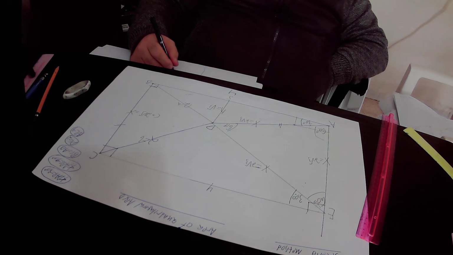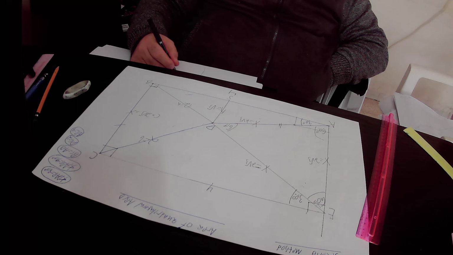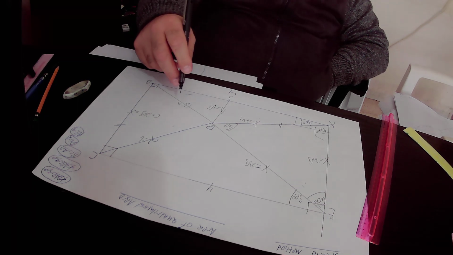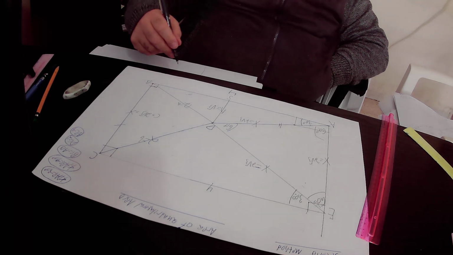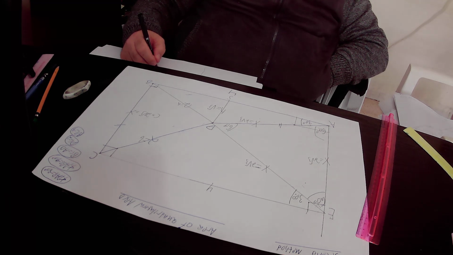S is the abbreviation for the semi-perimeter. So S of triangle DBC will be equal to, A is 2, B is 2, and C is 2 times square root of 3 units, over 2.